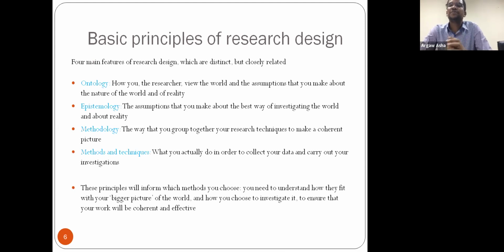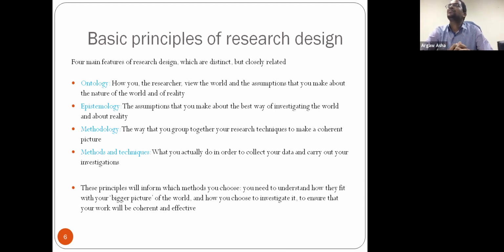When we see the principles of research design, we have four main features. The first one depends upon the assumption in the reality, okay? The assumption in the reality.